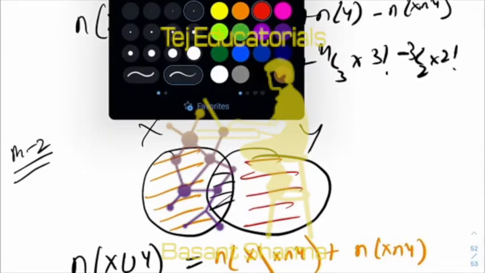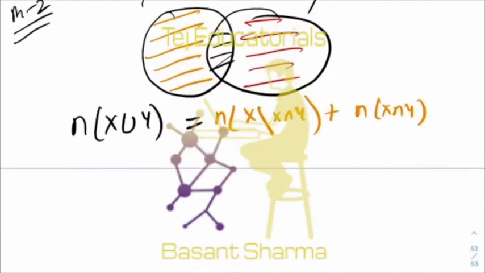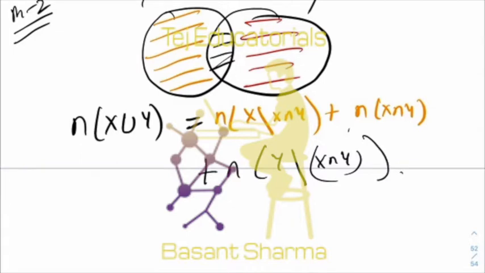Alright, X union Y is divided into 3 regions, and you can sum the number of elements in each of these individual regions. So this is n(X) minus n(X intersection Y), plus n(X intersection Y), plus n(Y) minus n(X intersection Y), which is the red region. Okay, now what does this mean?